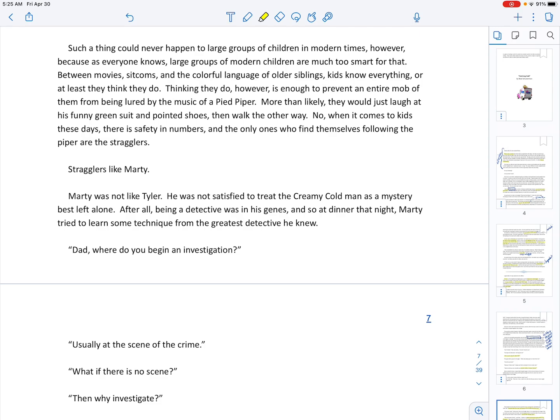Thinking they do, however, is enough to prevent an entire mob of them from being lured by the music of a Pied Piper. More than likely, they would just laugh at his funny green suit and pointed shoes and then walk the other way. No. When it comes to kids these days, there is safety in numbers, and the only ones who find themselves following the piper are the stragglers. Stragglers like Marty.